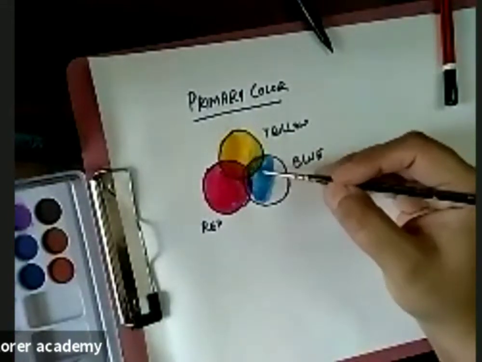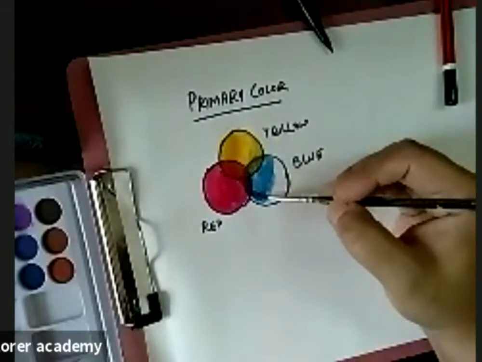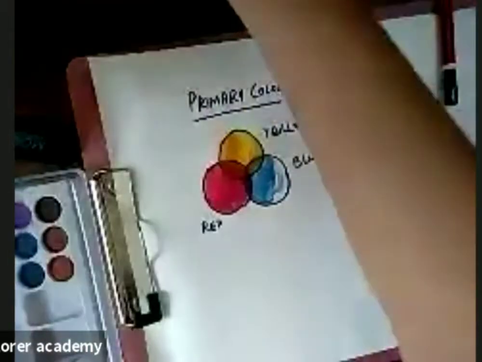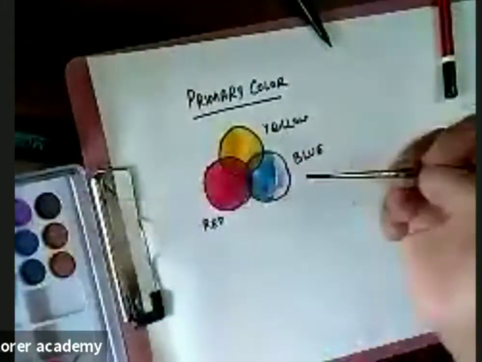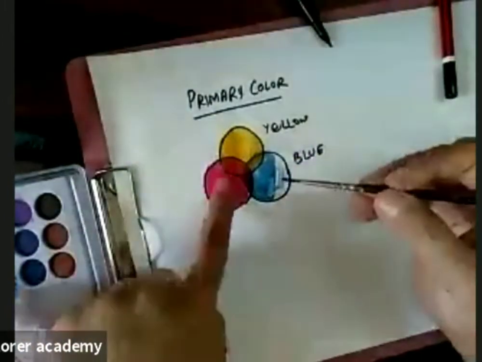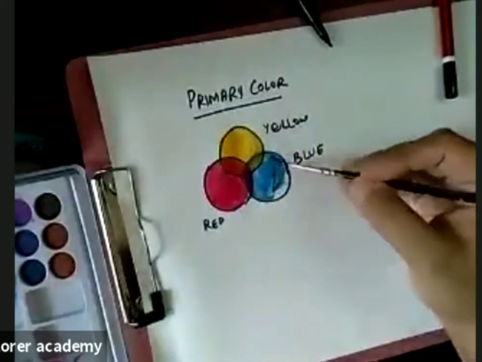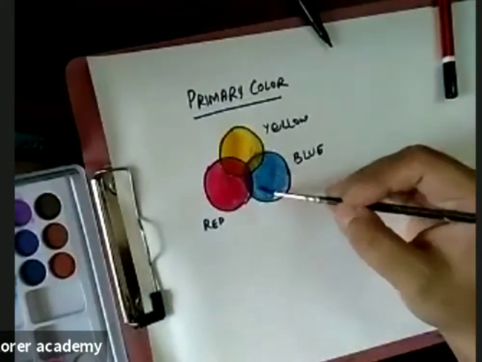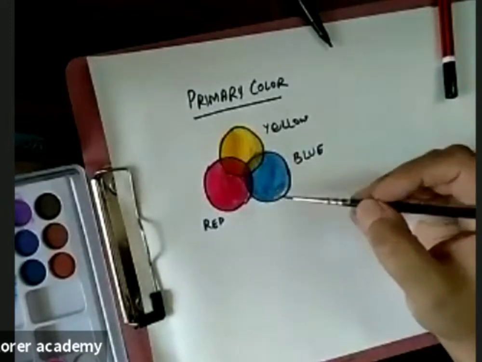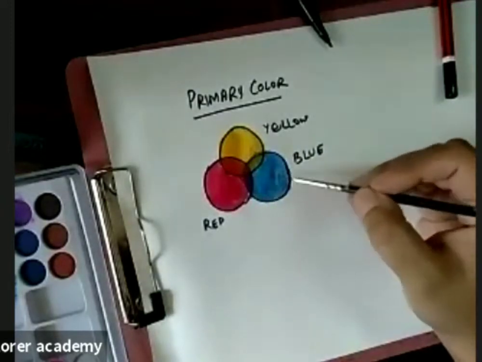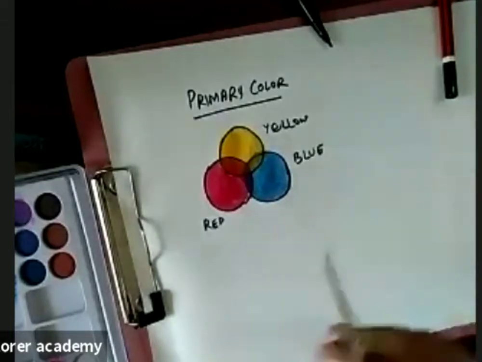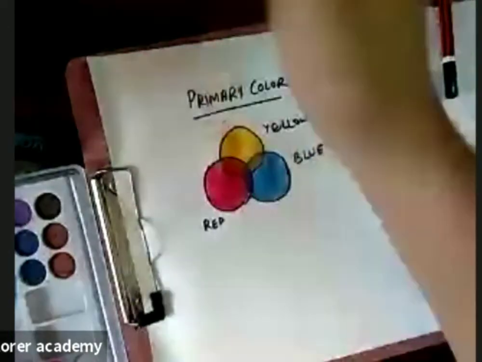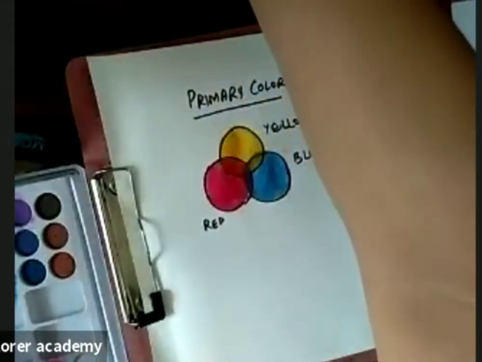You have to do it in the intersection part also, so that you can see which secondary color you are getting after mixing the colors. So here the yellow and red are mixed, so it became orange. Here we have mixed yellow and blue in this section, so it became green, and red and blue became purple.